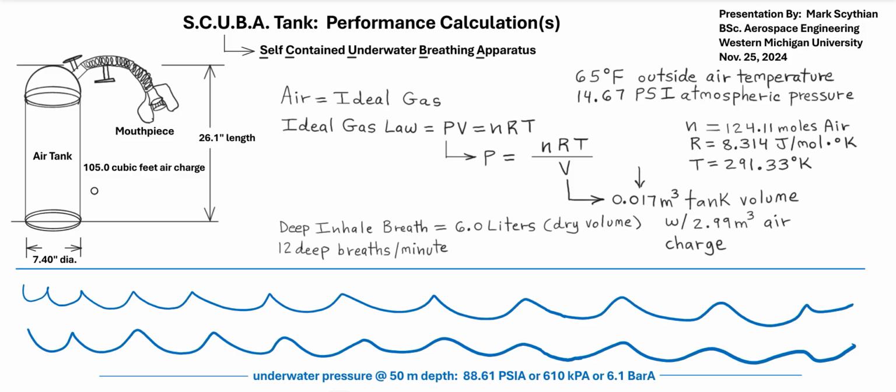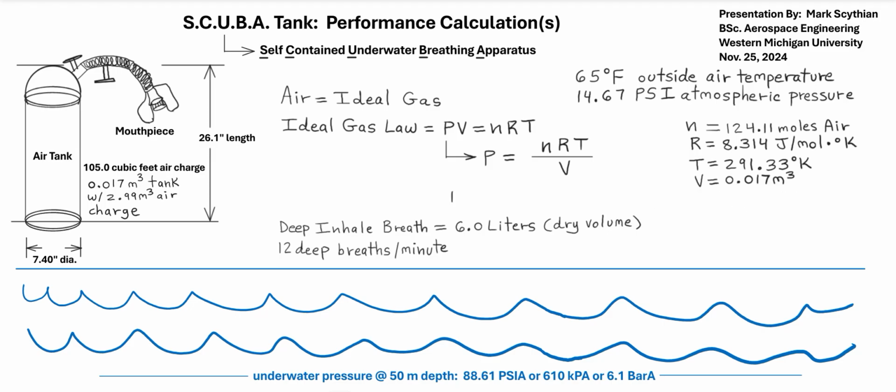So obviously we'll have some pretty high pressure in this tank, high air pressure, and so we'll keep that as a side note. So our structural volume is 0.017 cubic meters.